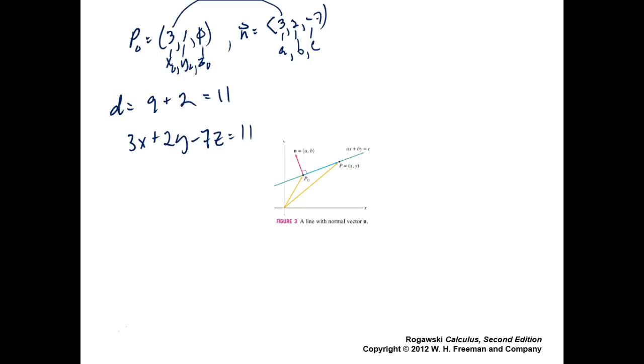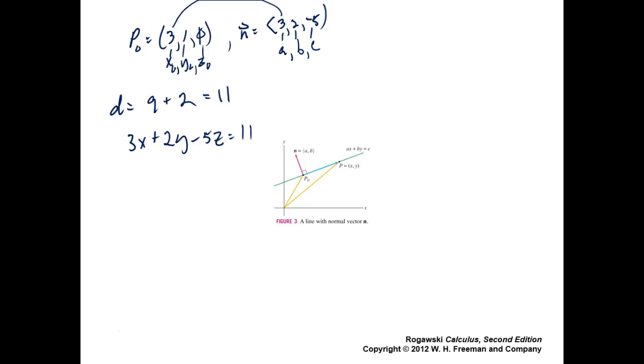Okay, sorry. -5. And sure enough, that gives us 3x plus 2y minus 5z is equal to 11.